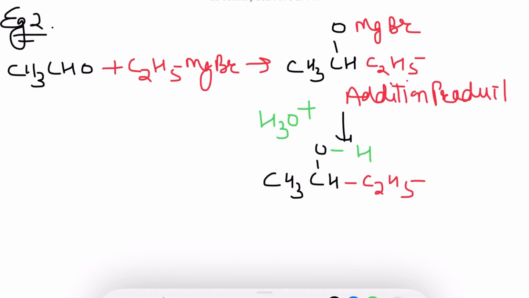So the resulting alcohol here is a secondary alcohol. Formaldehyde gives primary alcohol, whereas the higher aldehydes, which already have an alkyl part in them, give secondary alcohols.